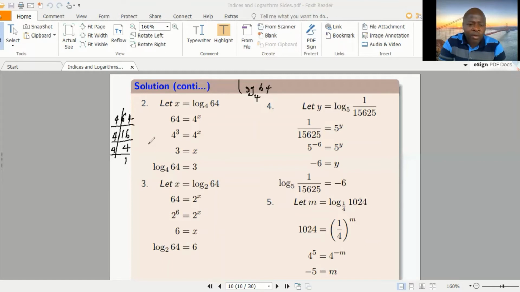That means 64 is the same as 4 raised to 3. 1, 2, 3. That's what I wrote here. And so 4 raised to 3 is the same as 4 raised to x. The bases are the same, 4 and 4, which means we can now equate the powers. 3 is x.